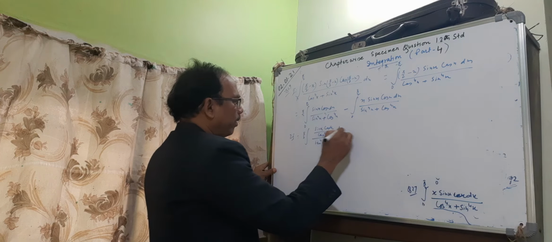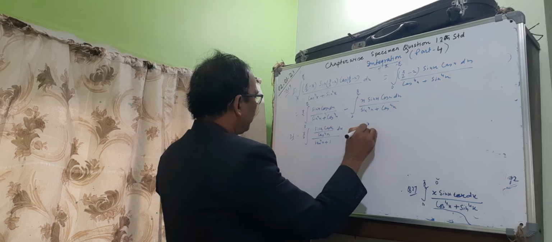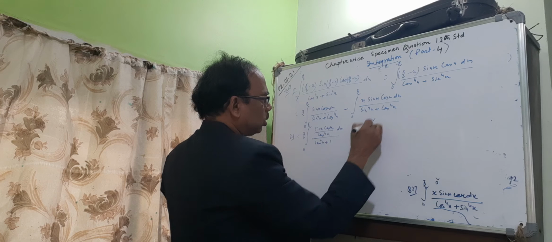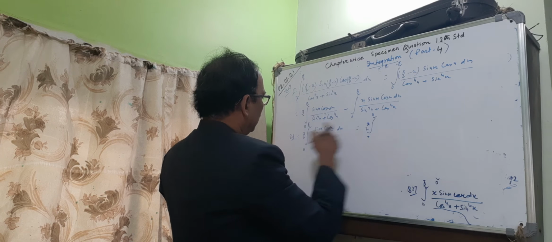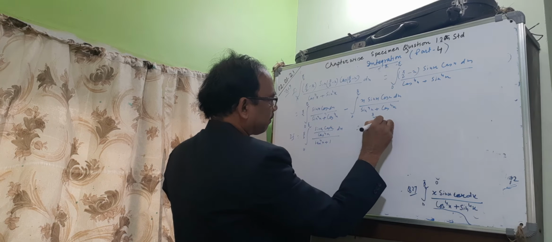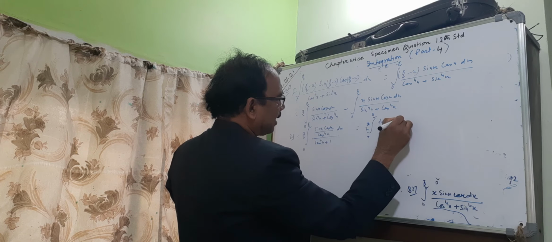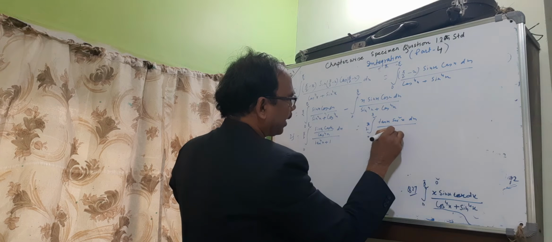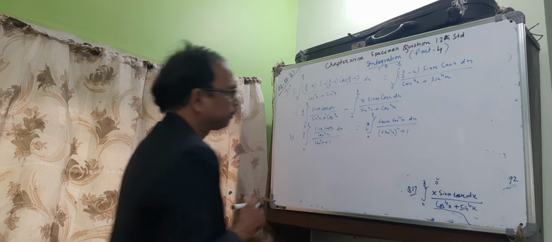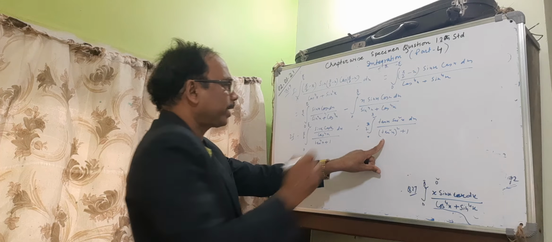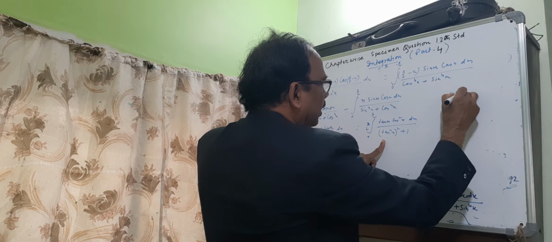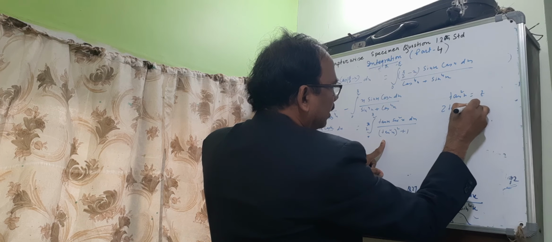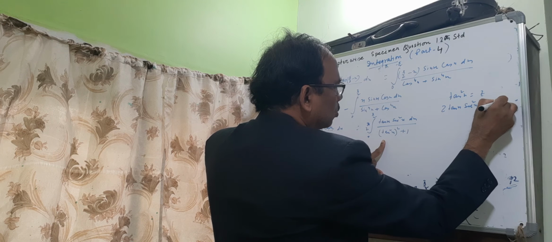We can write pi by 2 times the integral from 0 to pi by 2 of tan x sec square x dx over (tan square x) whole square plus 1. Now put tan square x equals z, that is 2 tan x sec square x dx equals dz.